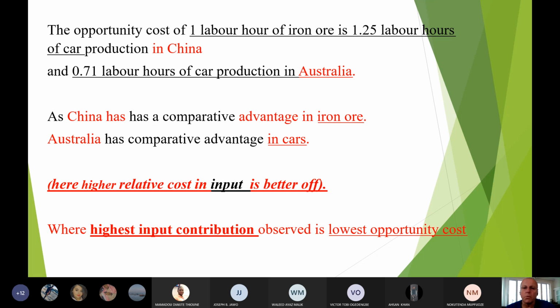Here it is the same: the input advantage, which is the labor or employee performance, is in question. Then the more the better, and the lower opportunity cost will be neglected.